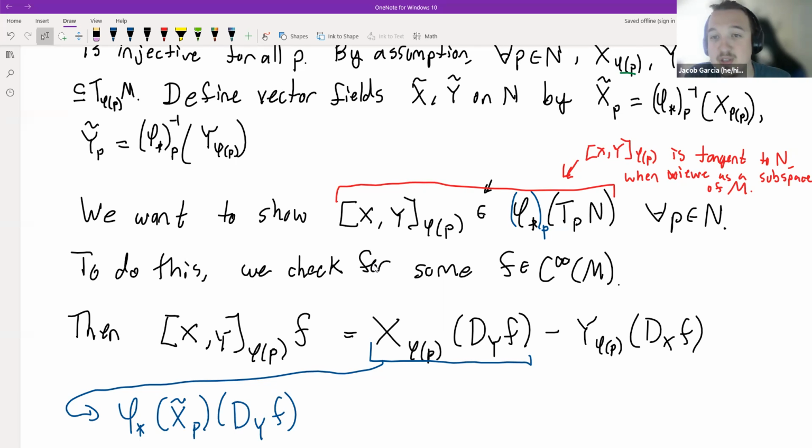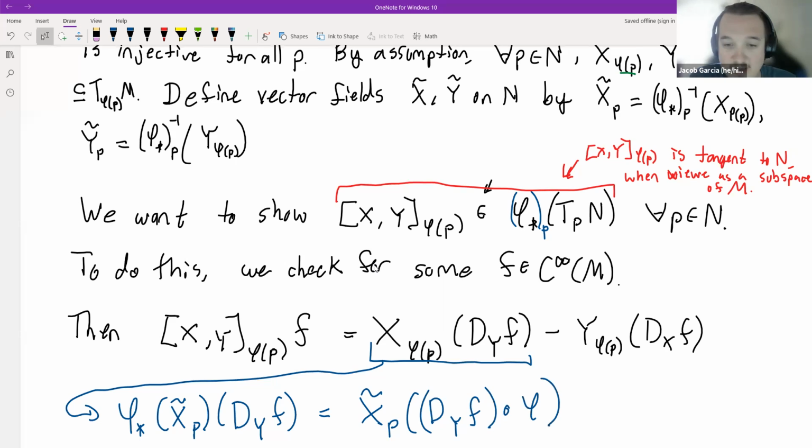I've just used this definition up here. Hopefully you can see my mouse. I think you can when I share my screen, right? So I've just applied the differential at either side to this. Okay. This is going to be equal to X tilde P of dyf composed with phi.